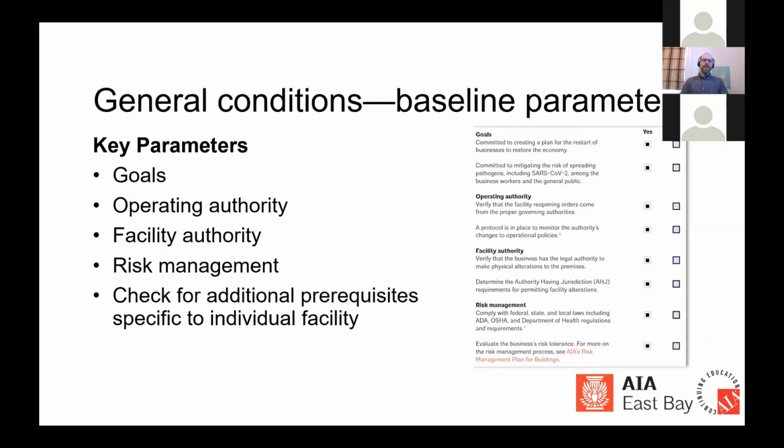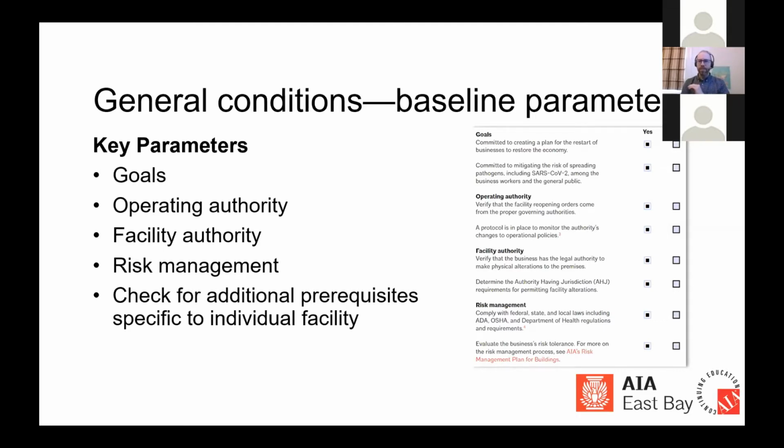Okay, and so this document, the Re-occupancy assessment tool, begins with this general condition. What we're trying to do here is put forward these general parameters. If the intended operation of the facility can't satisfy certain prerequisites, then the facility is likely not a good candidate for utilizing the following reopening considerations for minimizing the spread of COVID-19.